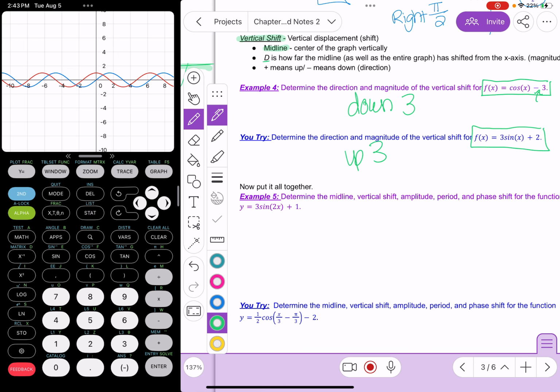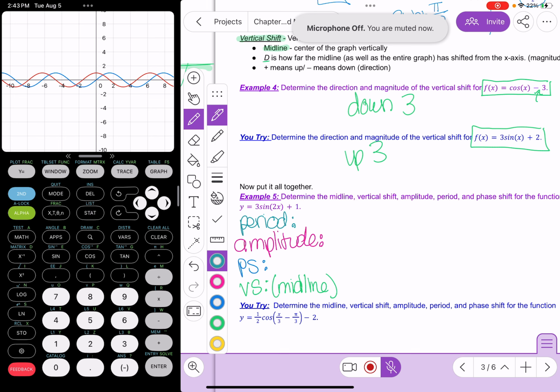So if we look at these and we put them all together, there are 4 things we look for. We look for the period. We look for the amplitude. We look for the phase shift. And we look for the vertical shift or the midline. It could be asked either way.